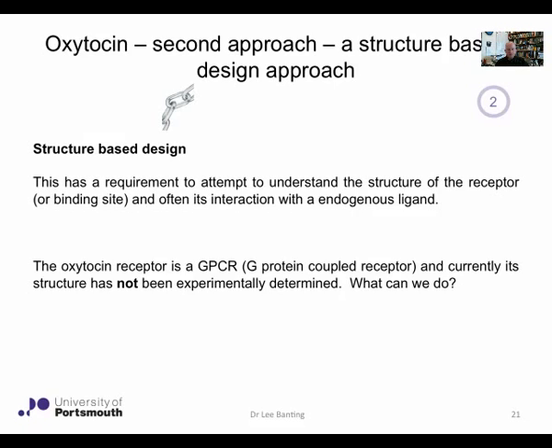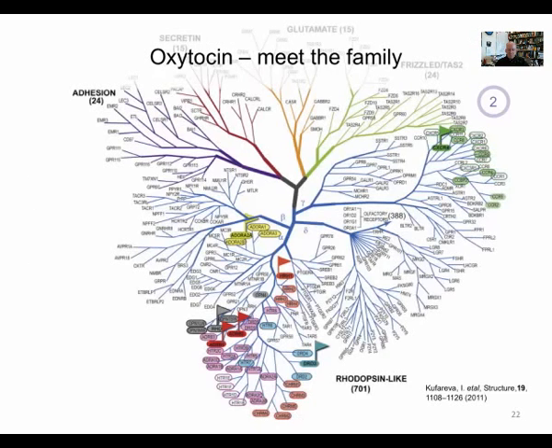So what can we do? Well, what we can do is take the family of GPCRs, and I'm taking this opportunity to show you the family tree, which is why I've called this slide Meet the Family. This is to show you the number of GPCRs that are known within the body to the date of 2011, and their various branches of the family tree.